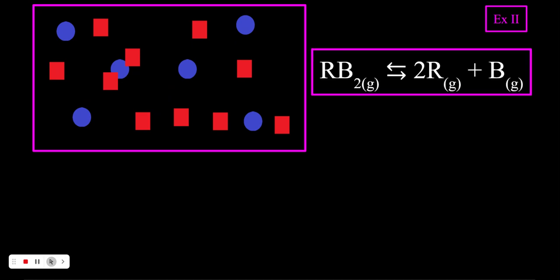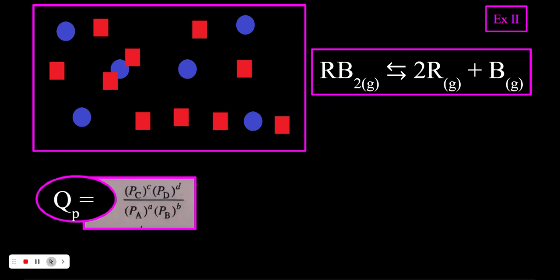Now in this scenario, these are gases, so we'd use the brackets. So I need to calculate the Q for this one. It's going to be not brackets, parentheses, because it's a pressure. So it's going to be the concentration of R to the 2nd power. My concentration of R is the blue. So there are 1, 2, 3, 4, 5 blues.